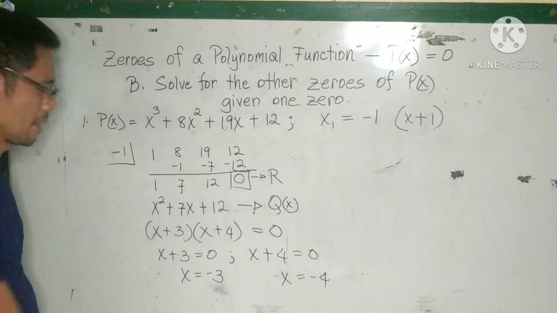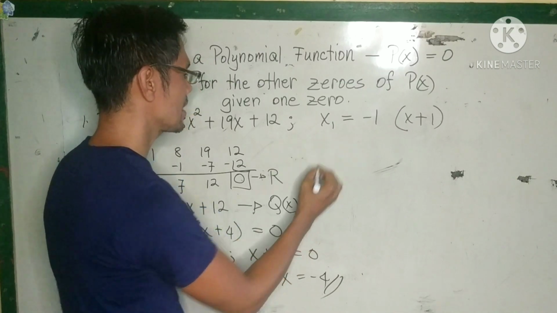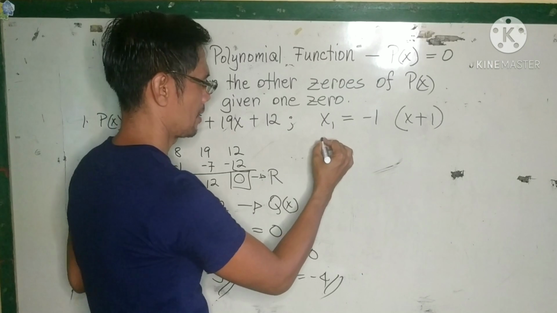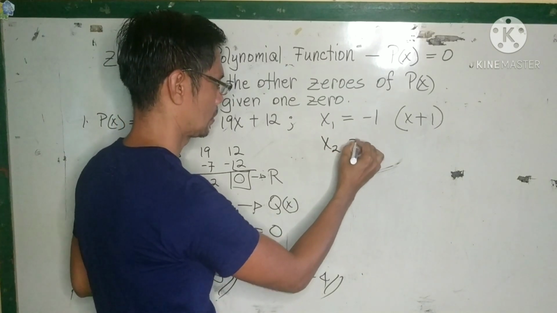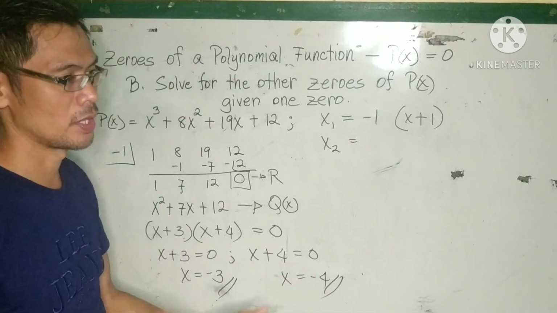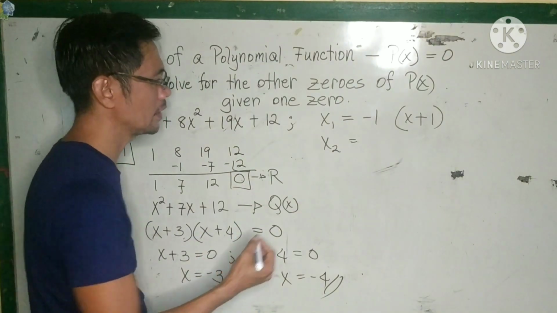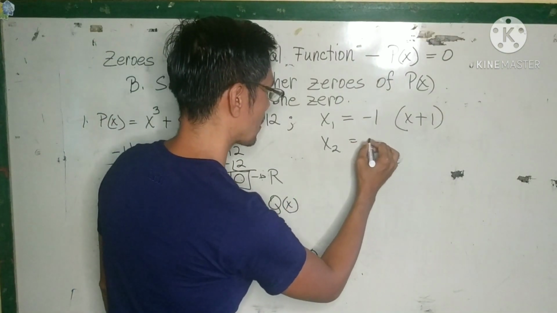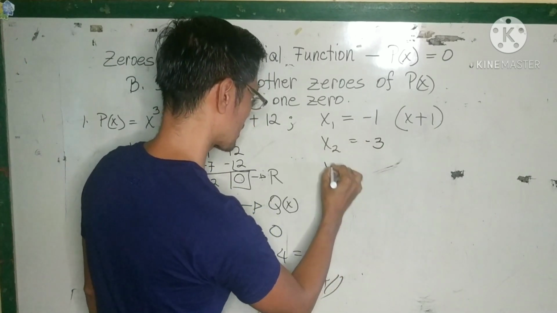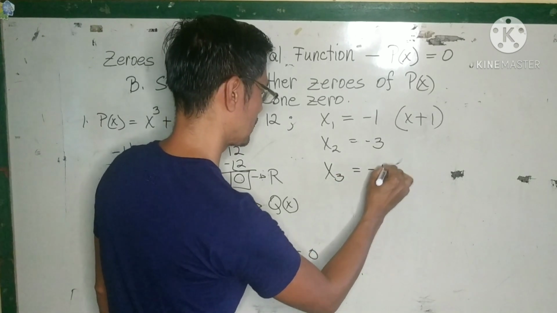Thus, the other zeros of the given p of x are, so x sub 2 could be negative 3 or it could be negative 4. So no problem. Negative 4 can come first, or negative 3 can come first. So we have negative 3, then x sub 3 is negative 4.